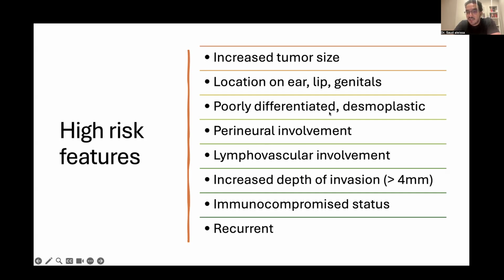Sometimes we send them for radiation treatment if they have perineural, and lymphovascular infiltration as well. Depth is important. 4 millimeters is concerning if the SCC goes really deep, and immunocompromised status. Recurrent lesion also is considered as high risk. مهمة عشان to define the way you treat it, whether with Mohs or with neoadjuvant, adjuvant treatment.